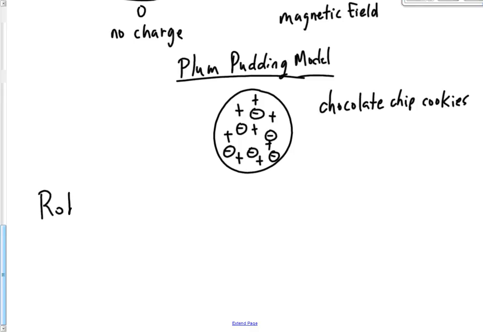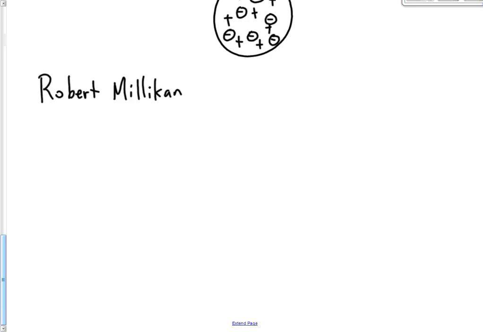Last guy, Robert Millikan. Millikan, spell his name right. Okay. Robert Millikan used the oil drop experiment to discover the mass and charge of an electron.